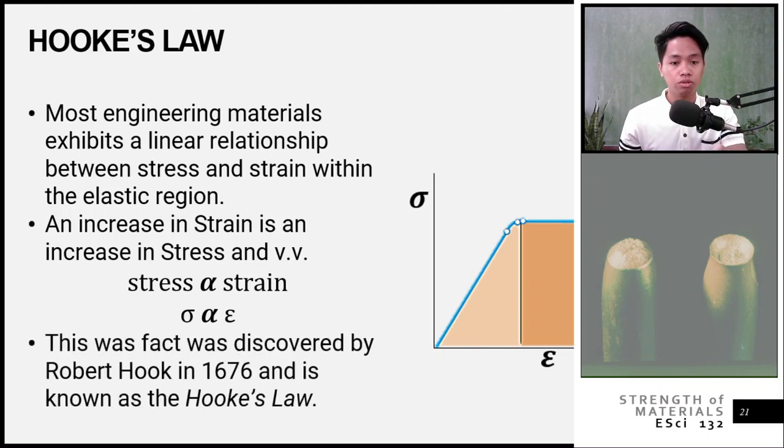Robert Hooke in 1676. I'm not sure if you have discussed this in your physics, but I think I introduced this in statics too, that the force in the spring, if we have Fs for example, the force in the spring is equal to Ks.